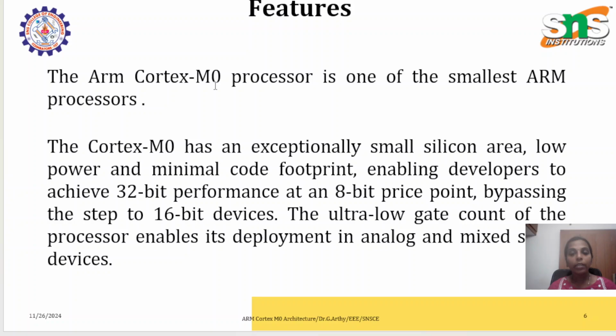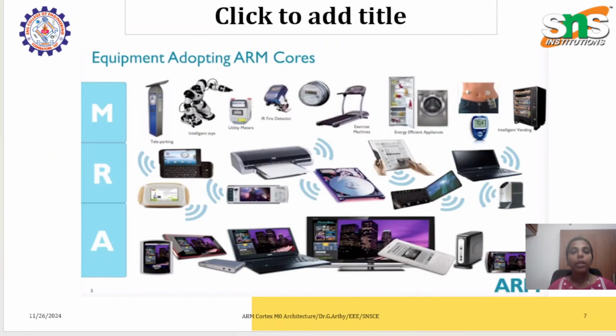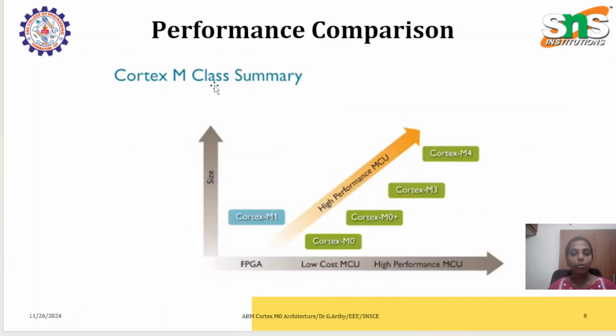The ultra low gate count of the processor enables its deployment in analog and mixed signal devices too. These peculiar features make ARM Cortex-M0 play a vital role in the ARM series. These are the different applications where ARM has been used.